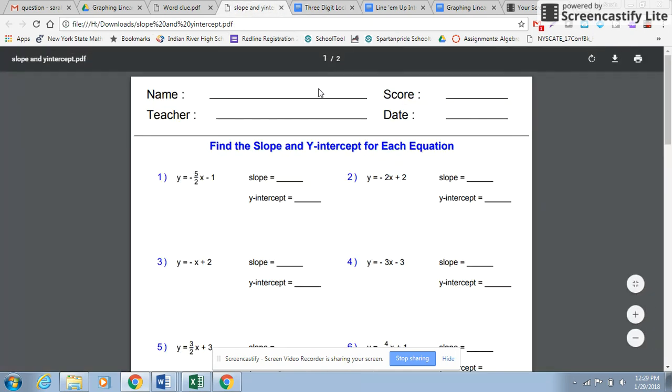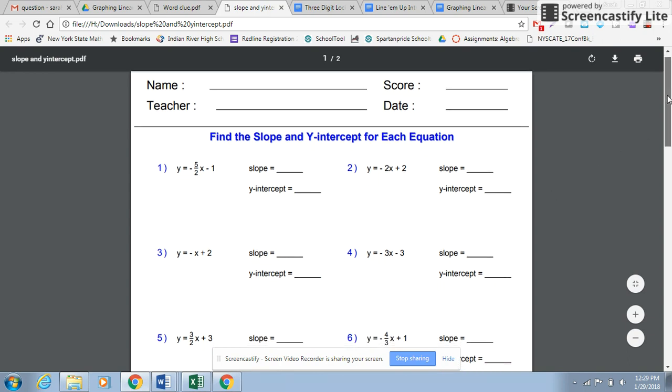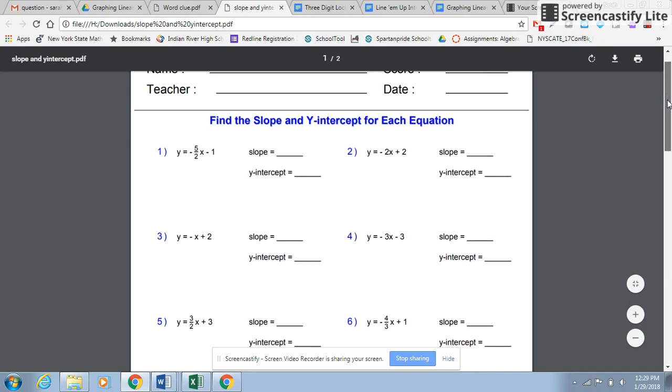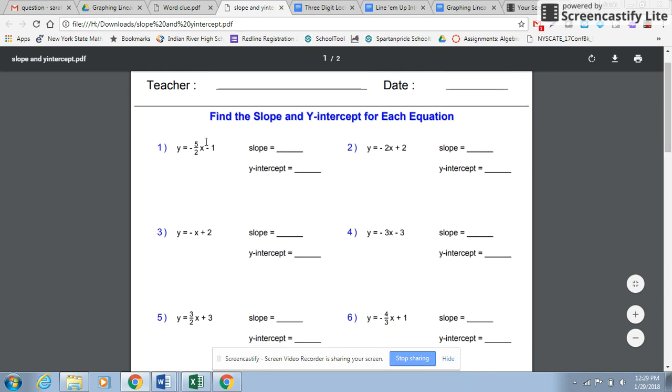The slope intercept one is for our 4-digit lock. I will say that this is going to be a little bit more on you in terms of your preparation. You're going to want to highlight the slope. I hope you can see my mouse on this one here, because if you remember, it's 5, 2, 3, 4.